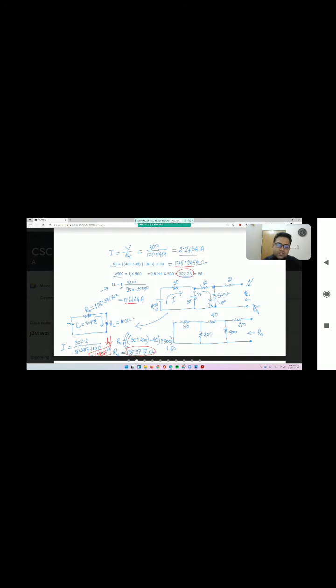But the main problem was, I think, finding the E naught, because you need to find a lot of things. You need to find I1, you need to find I, you need to find RT. Actually, you may have a problem here. Look what we have done. We need to find out the RT first, then the total current I. After finding the I, we put the value into this branch current equation, then we find the I1.